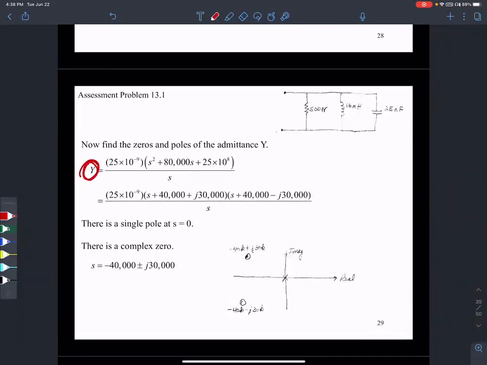Admittance is simply 1 over R plus 1 over ZC plus 1 over ZL because they're in parallel. So Z equivalent would be this, and 1 over Z equivalent would be that. So that's the admittance. Y is the admittance.